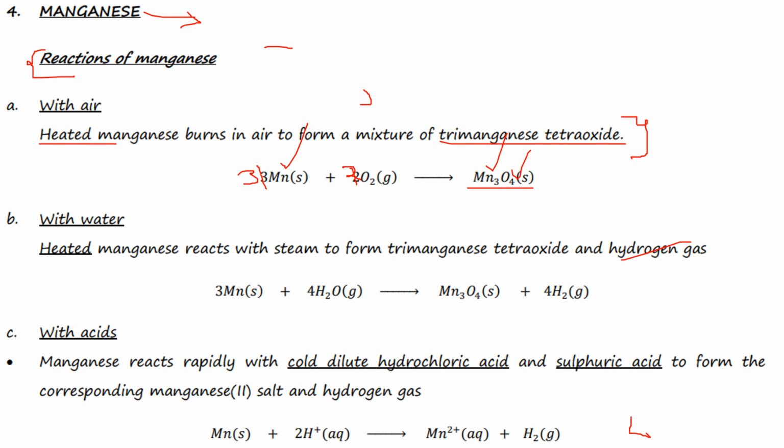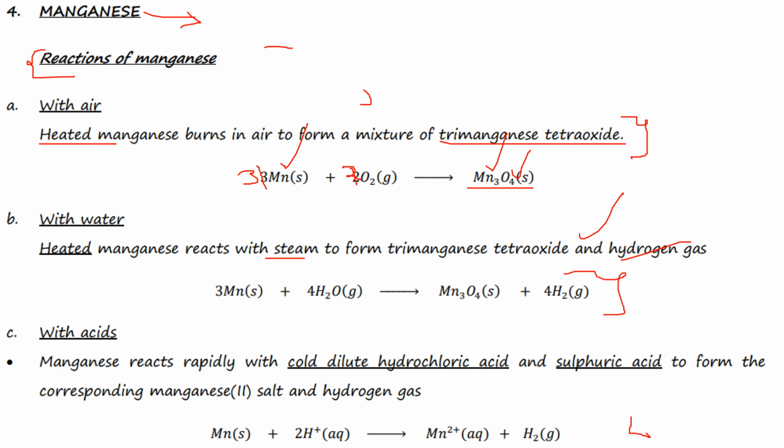So we're going to say that heated manganese reacts with steam, forming trimanganese tetraoxide together with hydrogen gas. So our statement qualifies to be marked because you have represented the conditions together with the products that are formed. And after that, we write our equation.